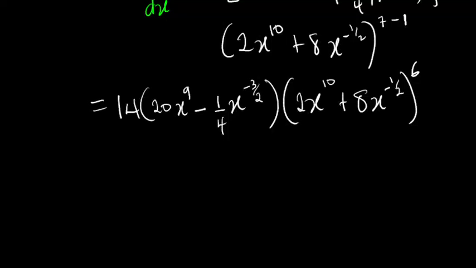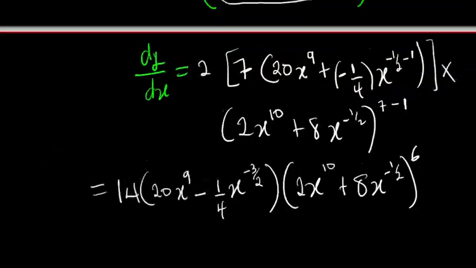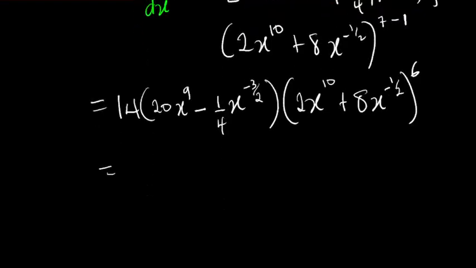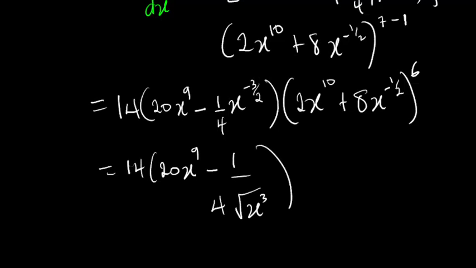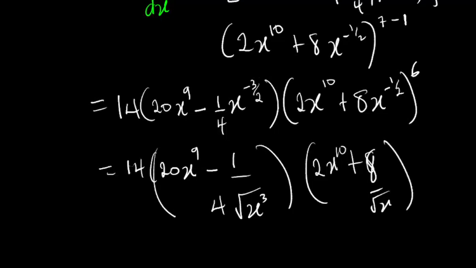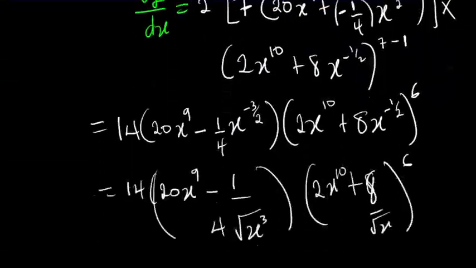And finally I can also write everything as 14, 20x raised to power 9 minus 1 over 4 cube root of x cubed, then 2x raised to power 10 plus 8 over root x, everything raised to power 6. You can see that.